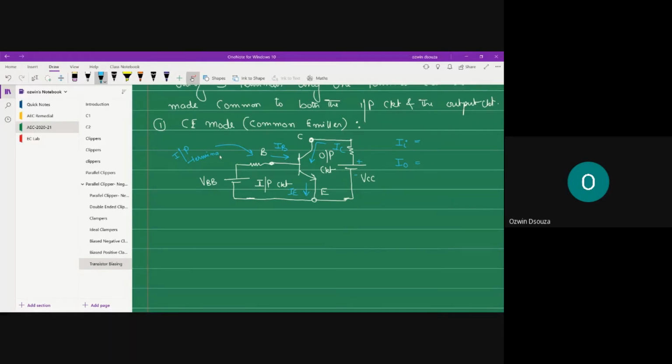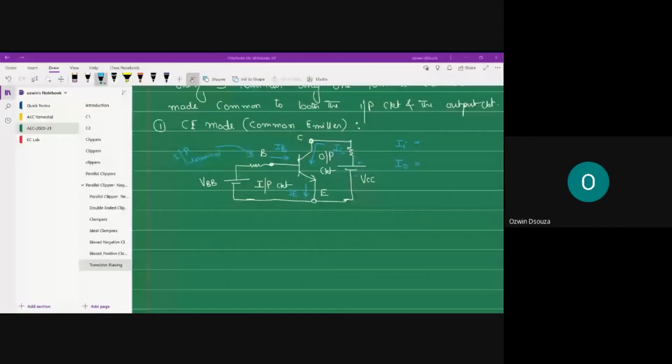Hence, input current has to be the base current. On the other hand, the output current should be written down on the basis of the output terminal. Output terminal is the collector terminal. This is your output terminal.